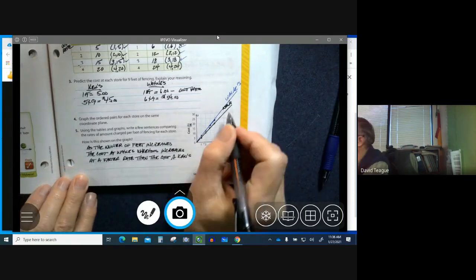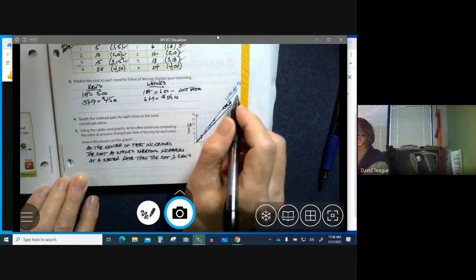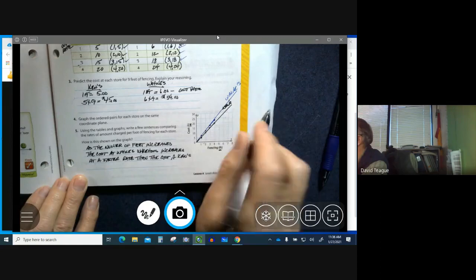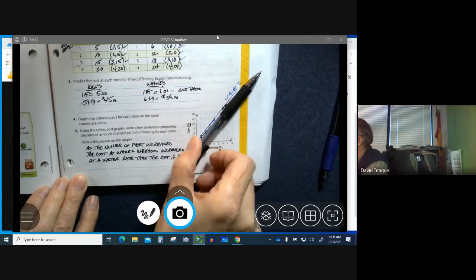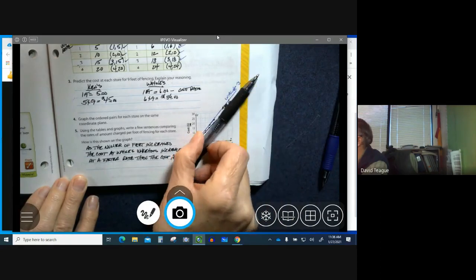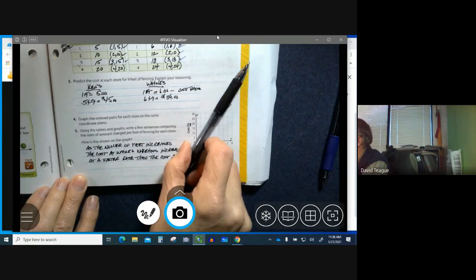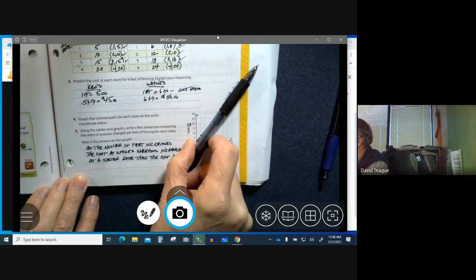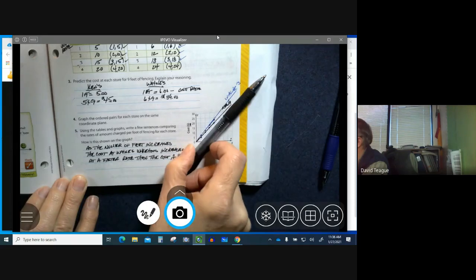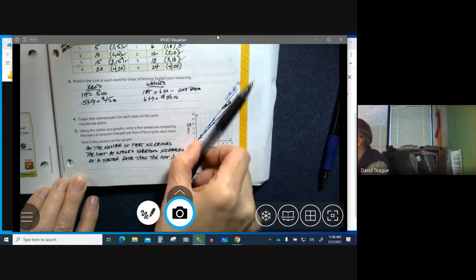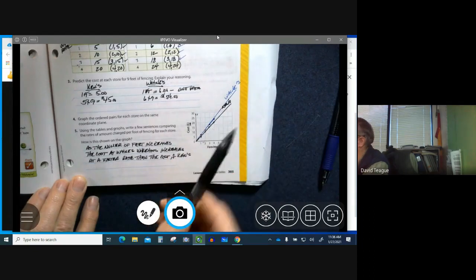And then we can also, if we look at the graph, we can see that this line is steeper, right? So that means that it has a greater ratio, or it costs more money because the line is more steep than Ken's, which is far below that.